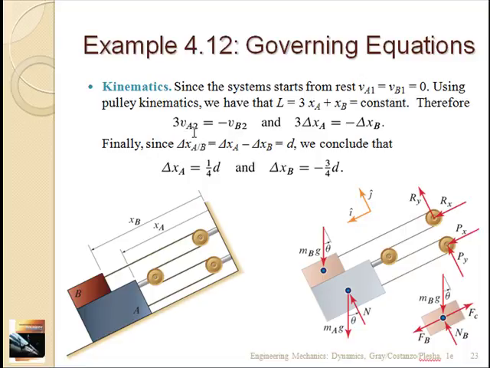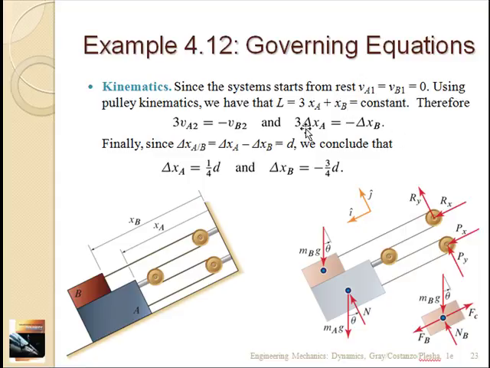So if we write L equals 3X_A plus 3X_B equals a constant, then we differentiate with respect to time, then 3V_A equals minus V_B, right? Because the time derivative of X_A is V_A, time derivative of X_B is V_B.